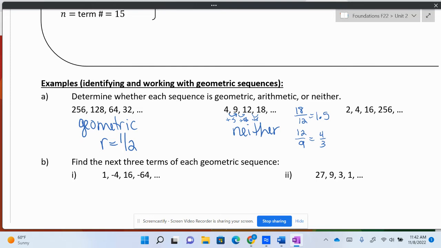Kate. Okay. 2, 4, 16, 256. Go. What am I multiplying by? 4 times 2 is not 16. 4 times 2 is 8. It's squared.